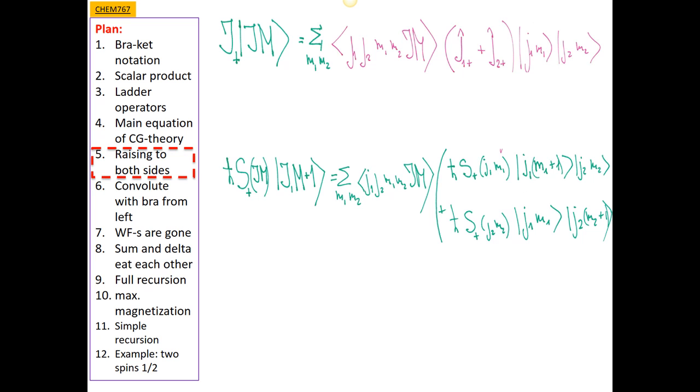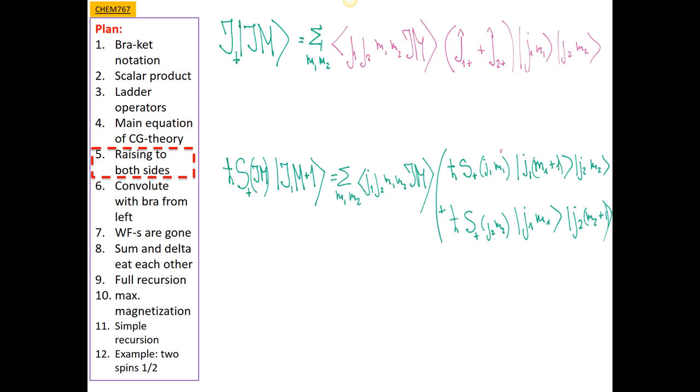Second term, again summation over M1 and M2. The Clebsch-Gordan coefficient is not affected by the operator, and now the J2 operator affects the second system, the second factor.